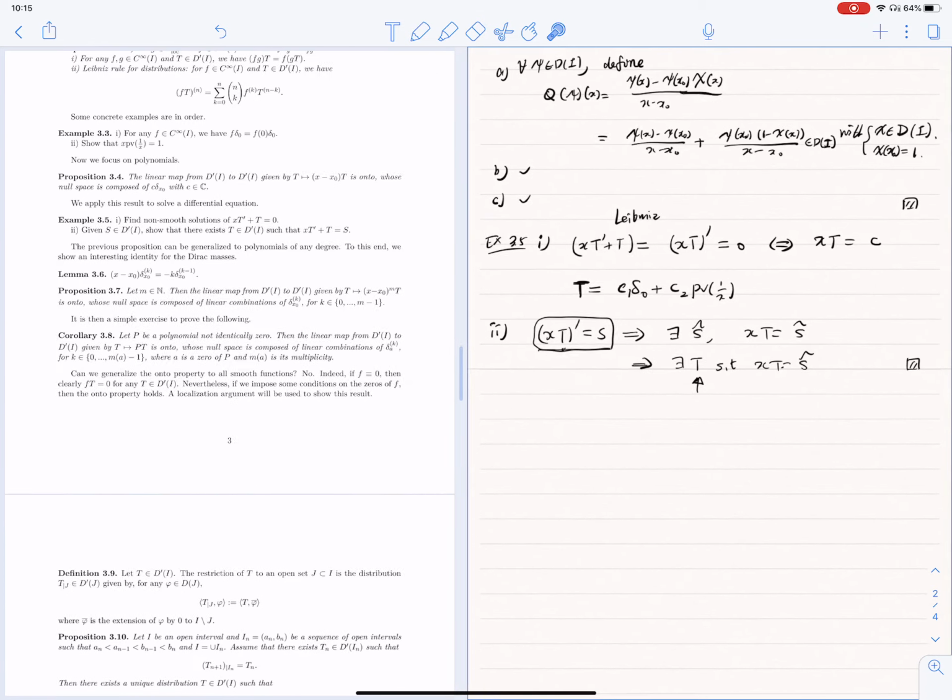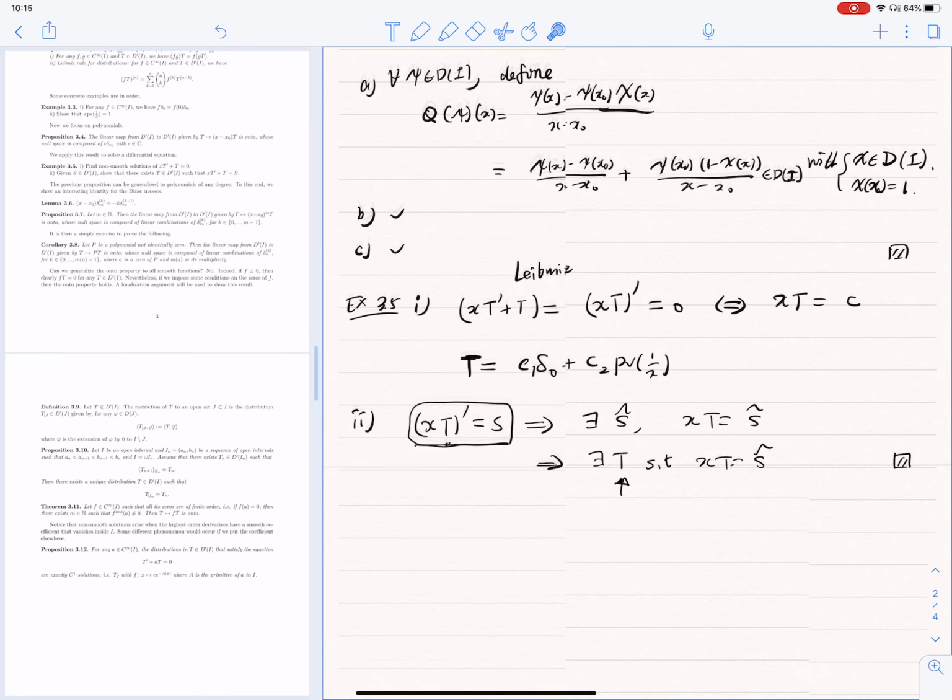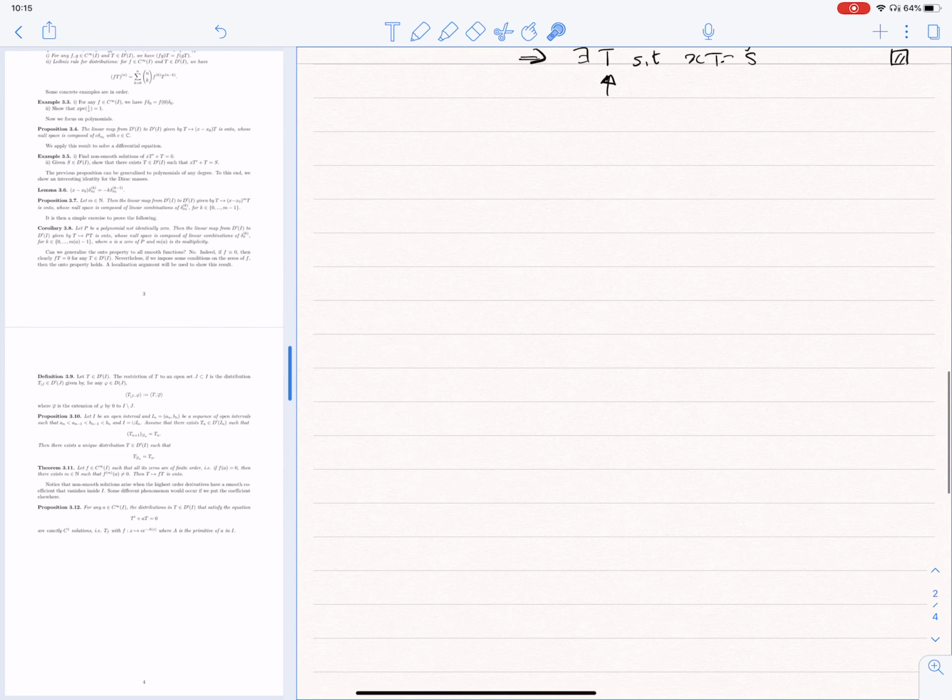Lemma 3.6. Proof. So we consider a generic test function phi, and we are going to consider the left-hand side, the k-th derivative of delta x naught applied to phi.